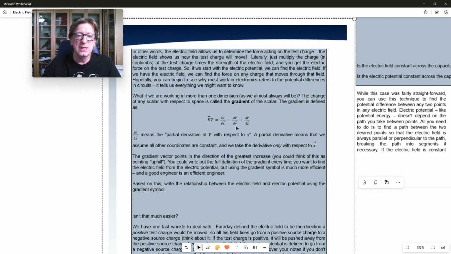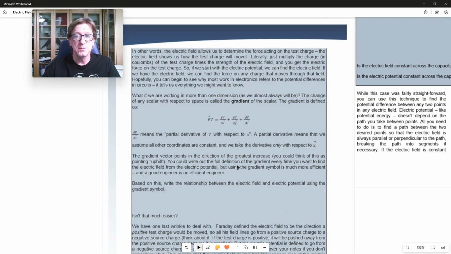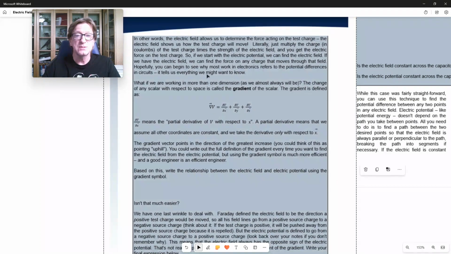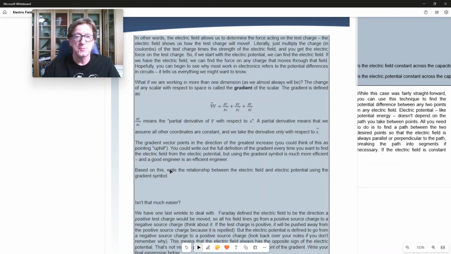It's the partial of v with respect to x plus the partial of v with respect to y plus the partial of v with respect to z. So v may be a scalar, but by the time I add in this derivative, I'm going to have these vector signs here. And so my overall gradient is going to be a vector. So it's the gradient of this scalar.